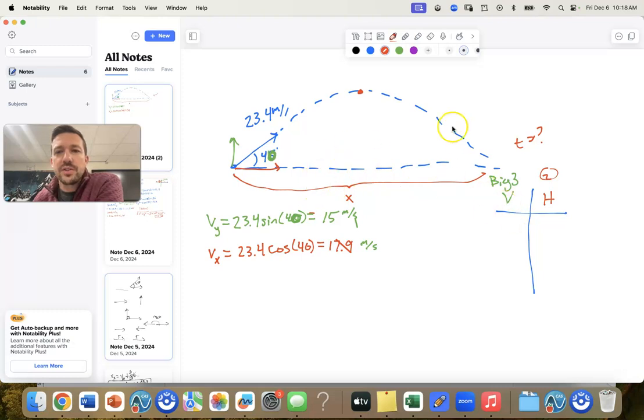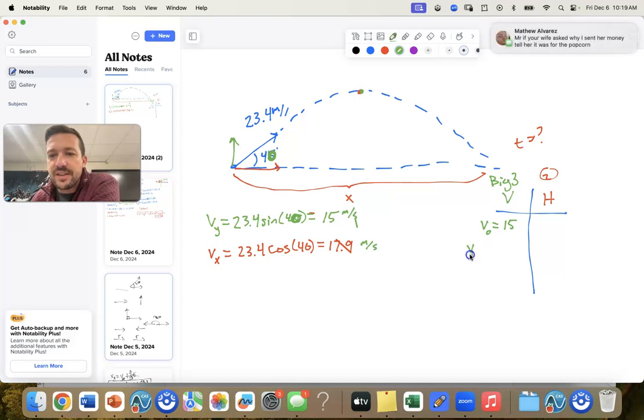But let's write down our knowns. So on the vertical stuff, I know my initial velocity is going to be 15. And it's in the positive direction, right? So that's why I put it as positive. One thing I do know, up at the top, the velocity at the top is equal to 0.